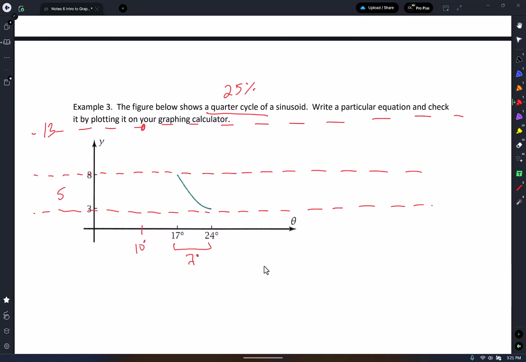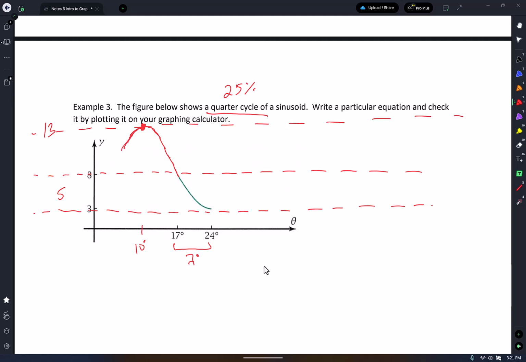So I'm going to put a point at 10 degrees, 13. Does everyone know why I put a point at 10, 13? Because this is a quarter of a cycle. Every quarter, you're either going from high to middle, middle to low, low to mid, mid to high. That's how it goes. So here it is. Here's that one so far. So we got that.